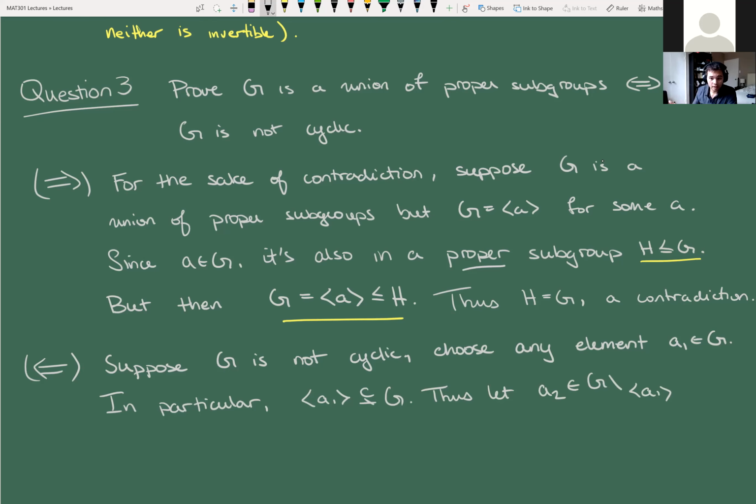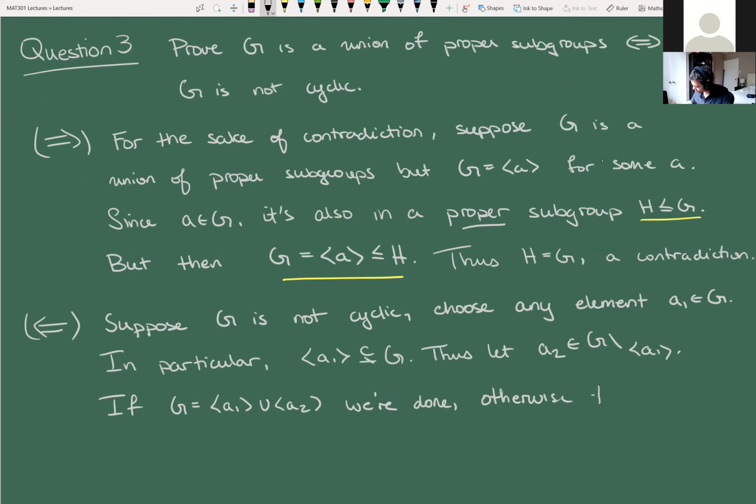If G is the union of the subgroups generated by A1 and A2, then we're done. Otherwise, note as well that A2 can't generate the whole group, because if it did, then G would be cyclic.